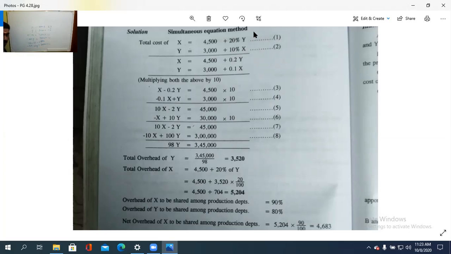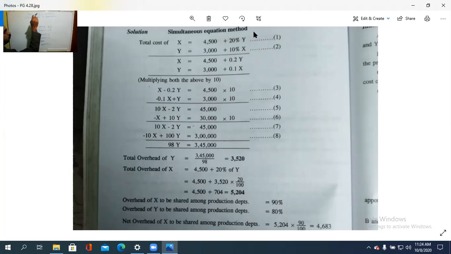Again it is multiplied with 10, so 3 lakh is coming, isn't it? So 10x minus 2y is equal to 45,000. Then here minus 10x plus 10y is equal to 3 lakh, multiplied by 10. So 100y is equal to 3 lakh. So this and this is gone.